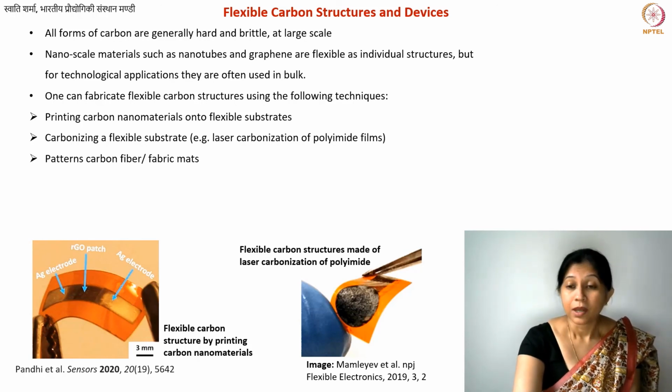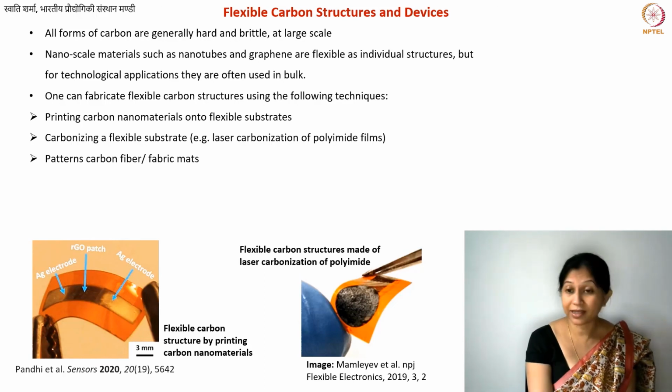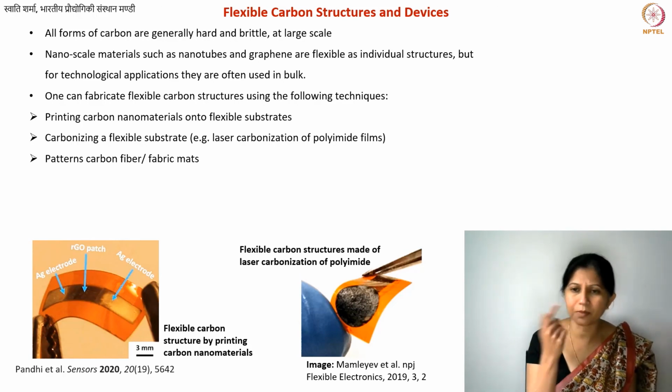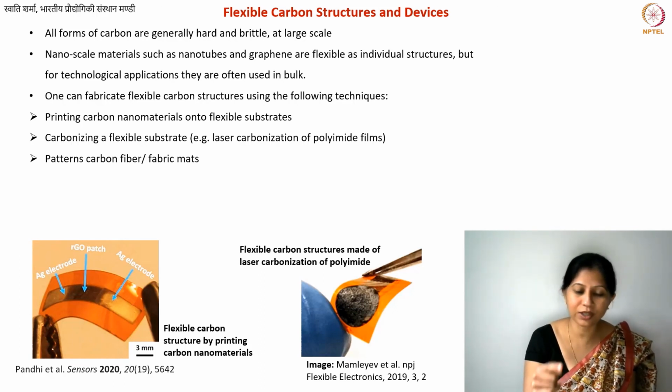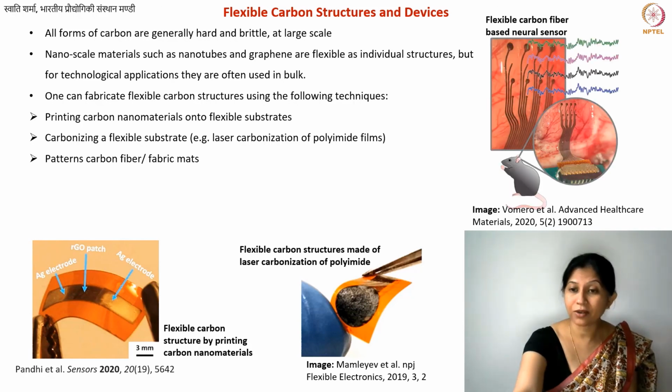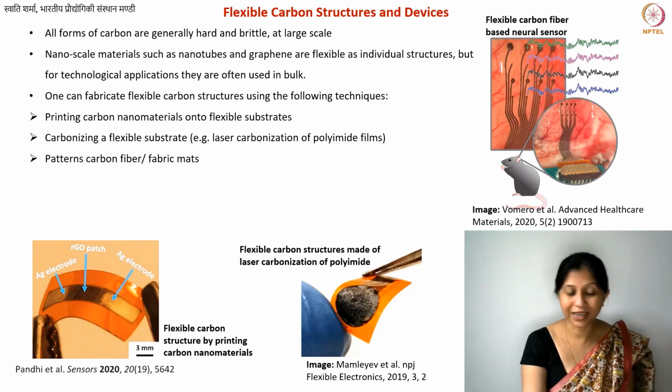What else? Yeah, so you can make carbon fiber mats from electrospinning and also from melt spinning. So carbon fiber mats, carbon fabric, what you can do is you can pattern it. Now, patterning it in micro nano scale is not easy. It can get very complex.